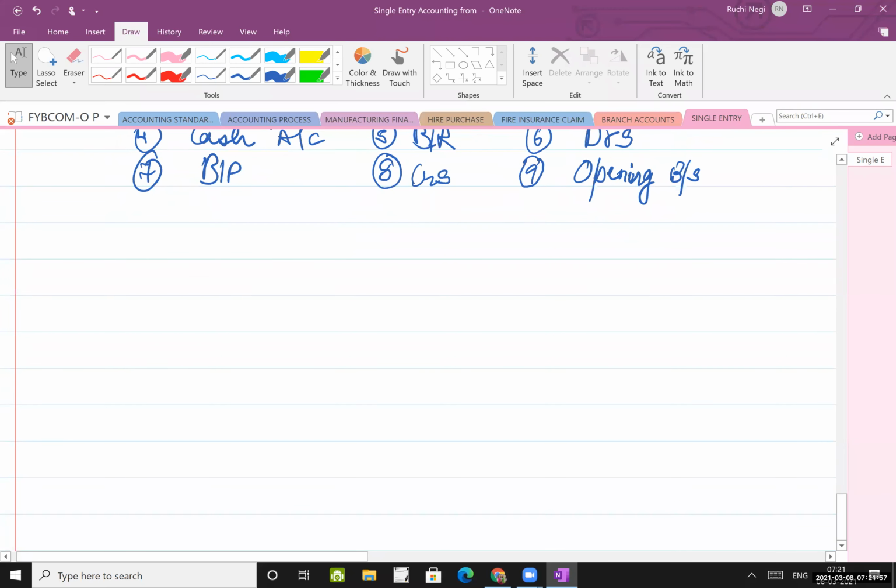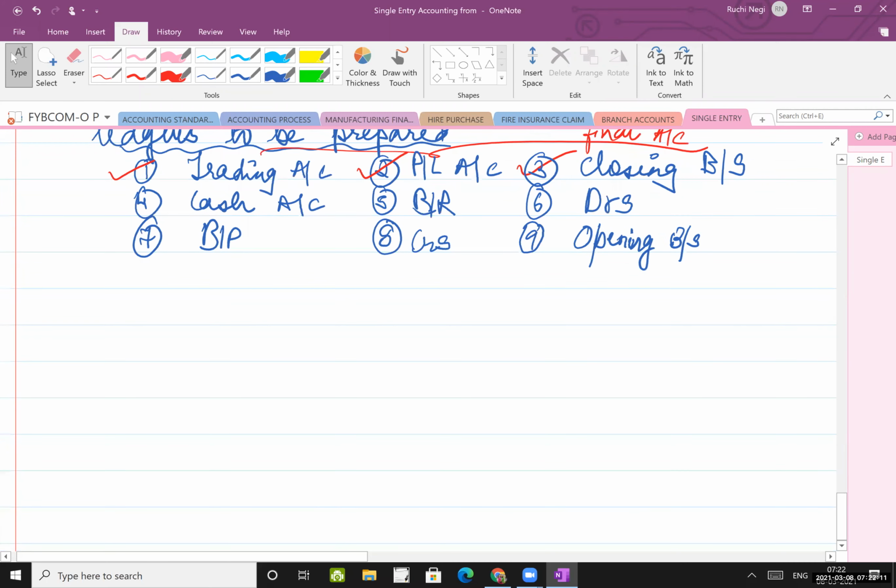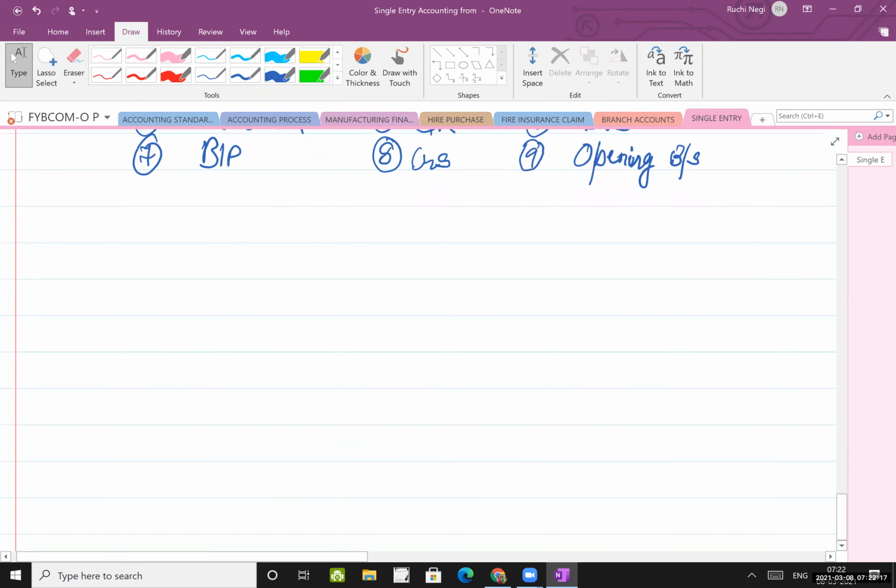Now I'll give you a rough idea about the ledgers of bills receivable, bills payable, creditors. Because generally students make mistakes here. So I'll give you a rough idea of ledgers 5, 6, 7 and 8. So write it down. Ledger 5, 6, 7, 8, students.